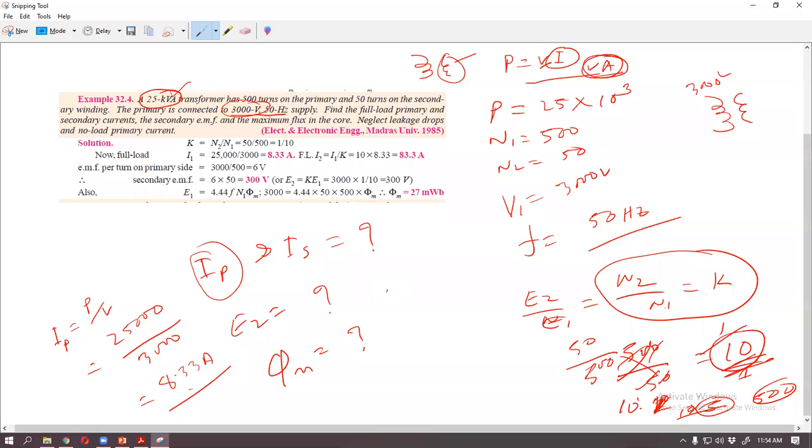IS is equal to 8.33 into 10, so 83.3. This is your secondary.